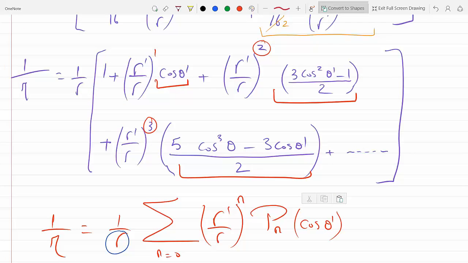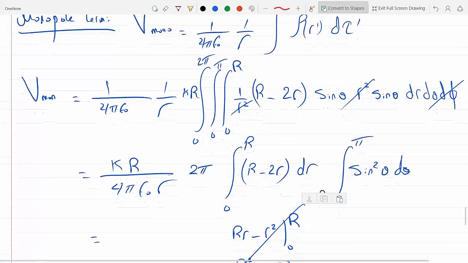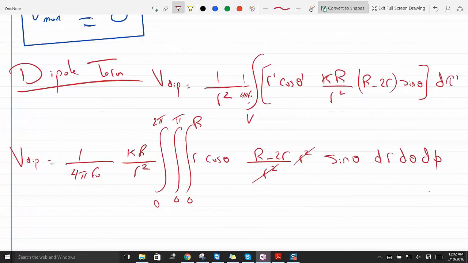Oh yeah, there's a sine theta involved. I forgot a sine theta. No, I didn't forget it on the first one. Okay, good, I just forgot it on the second one. So this becomes a sine squared here, right?